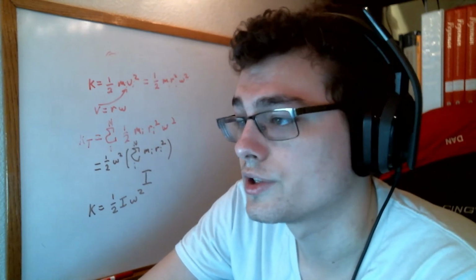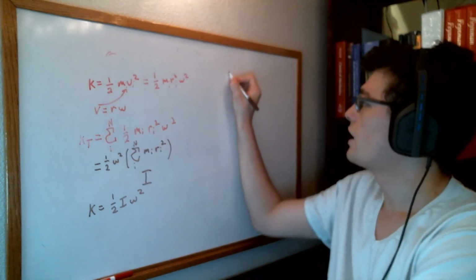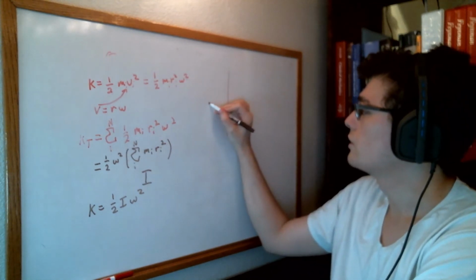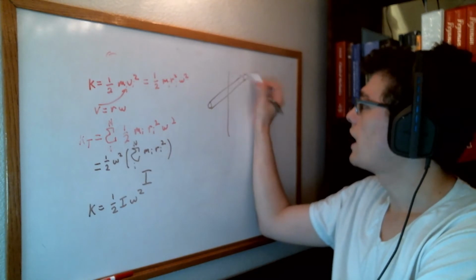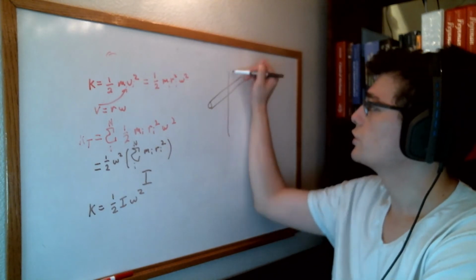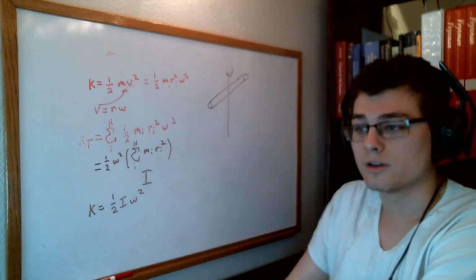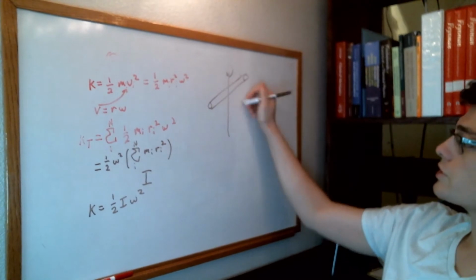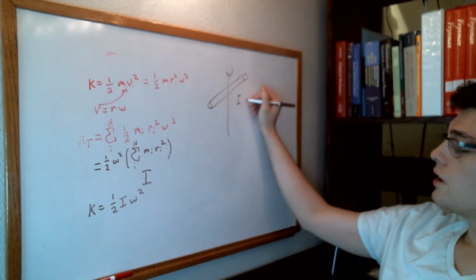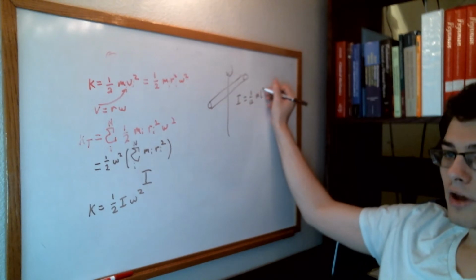So these include a slender rod with the axis through the center. What this means is that you have a rod, right? And the axis of rotation about which it spins is going to be in the center. So in this case, the moment of inertia of the rod would be I equals 1/12 ml squared.